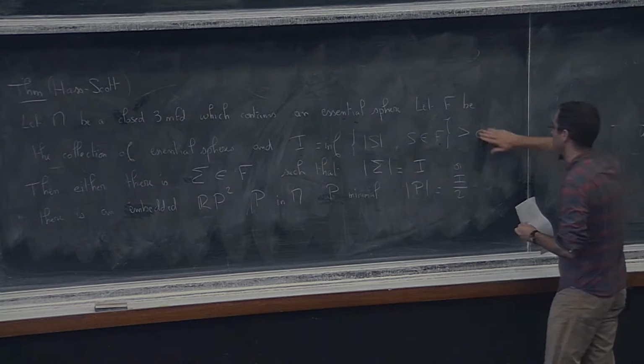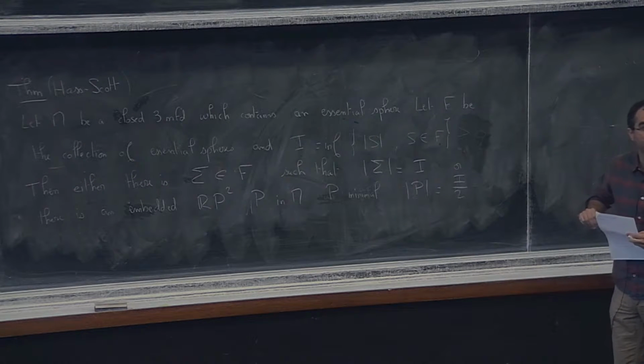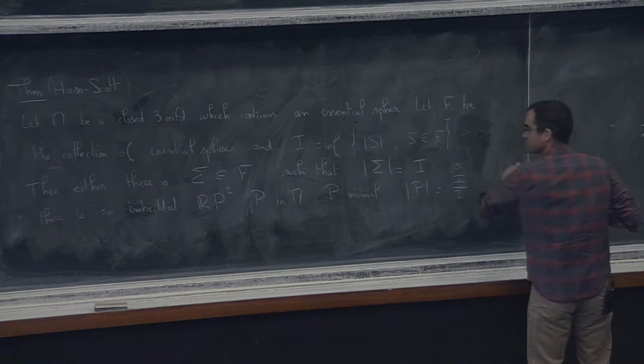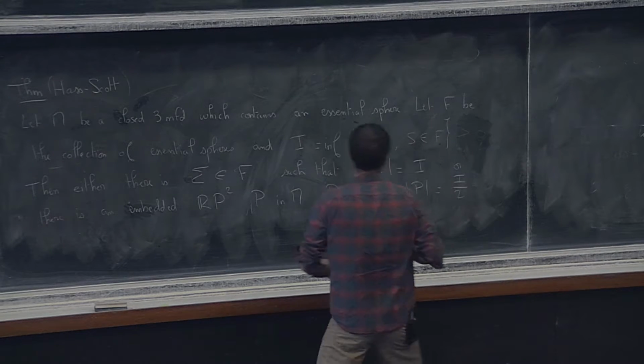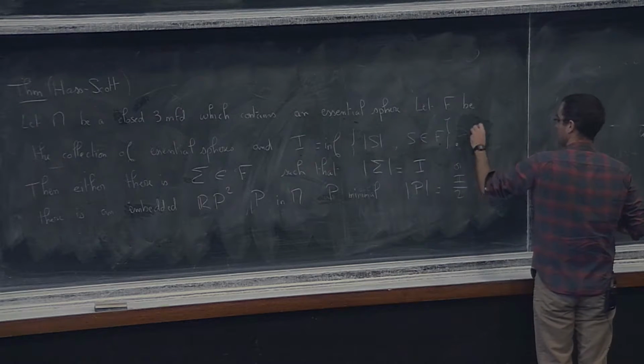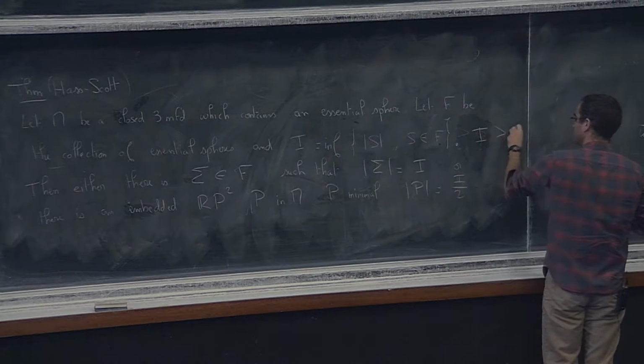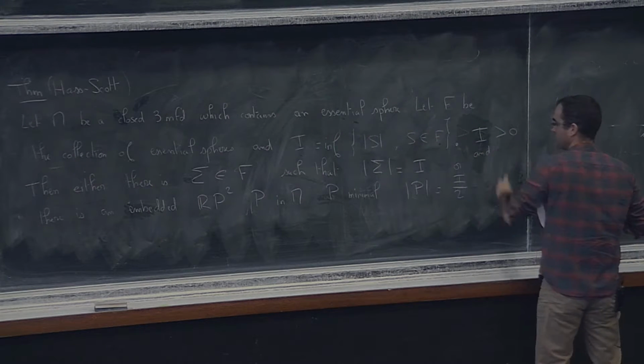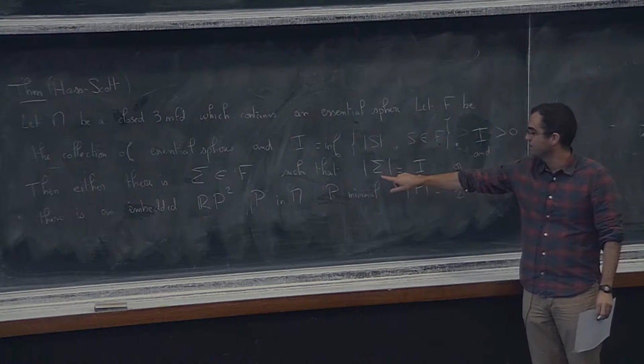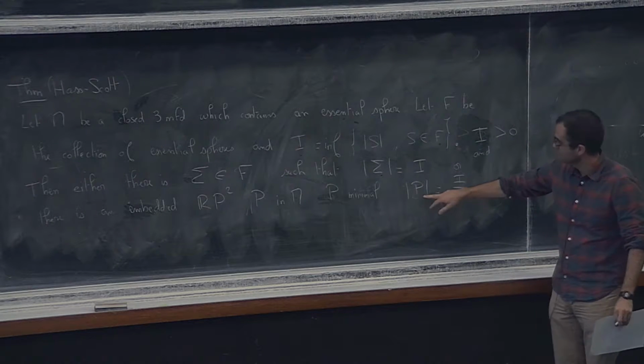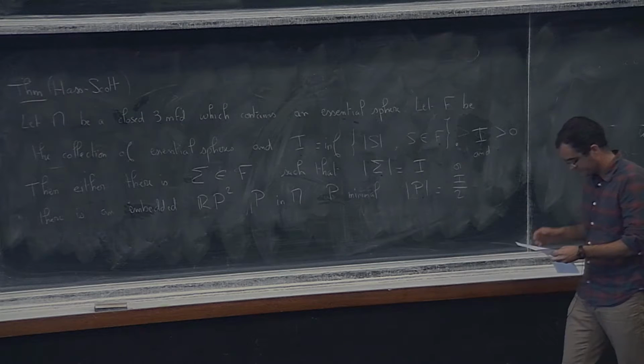No, sorry, it's not an assumption, it's a conclusion of the theorem. So let me add something there. So first, I is positive and it's realized either by a sphere or by twice RP2.